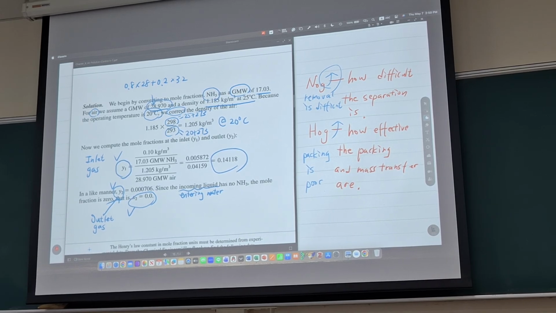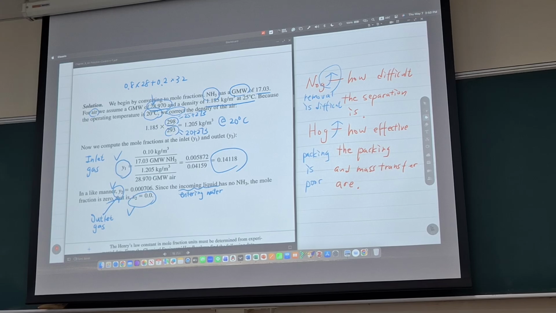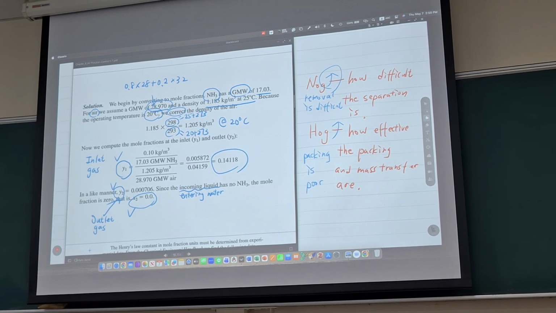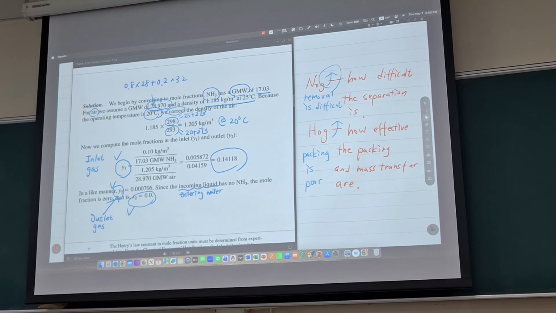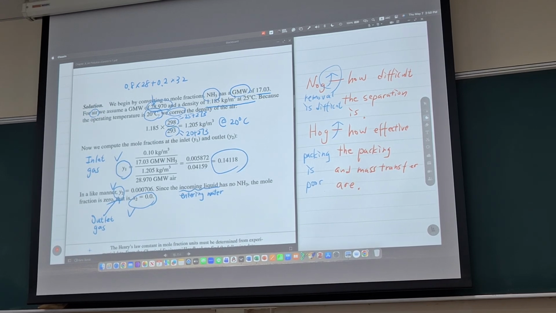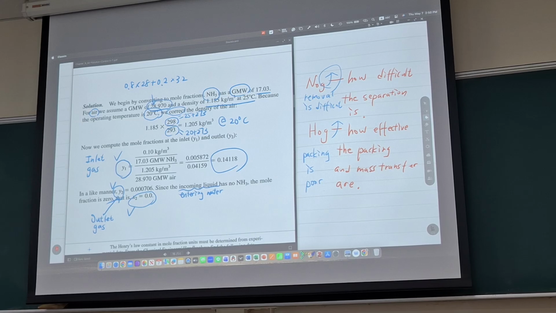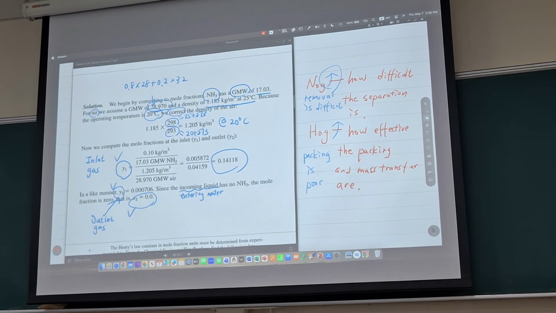Everyone okay? Y1 is inlet gas, Y2 is outlet gas. X2 is for the entering water, because at that stage the entering water has no ammonia. So X2 is 0. All right?